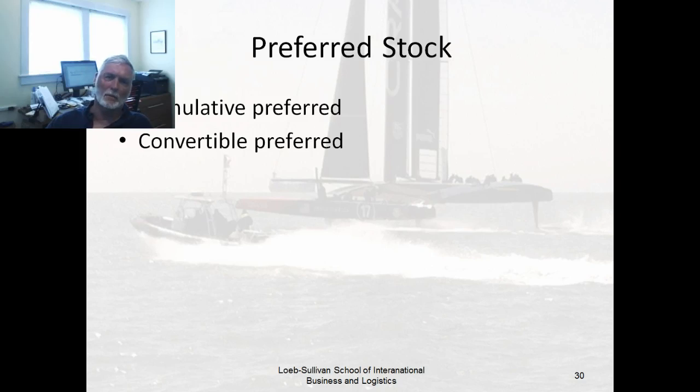So let's say the common stock in a company today is trading at $20, and they sell preferred stock with a 5% fixed dividend, with a right to convert into common stock at $25. So I own my preferred stock, I get my fixed dividends. If the company does well and the common stock rises, I can convert my preferred stock into common stock. That's what convertible preferred is.